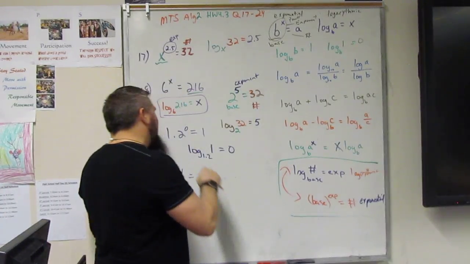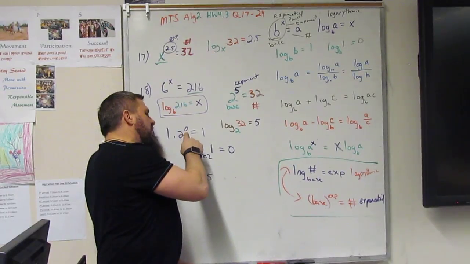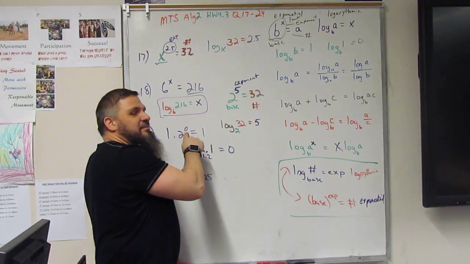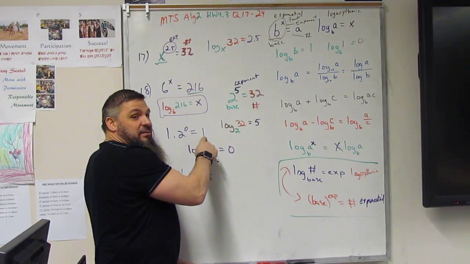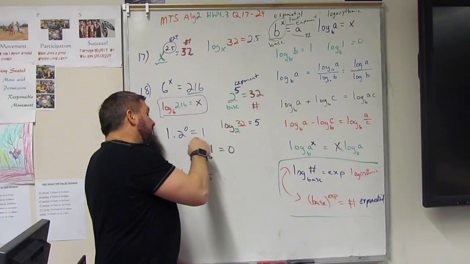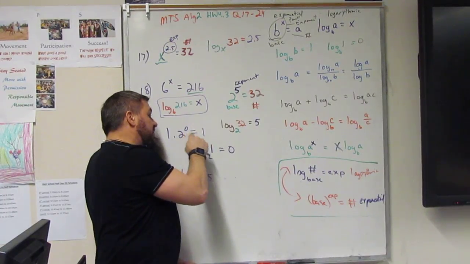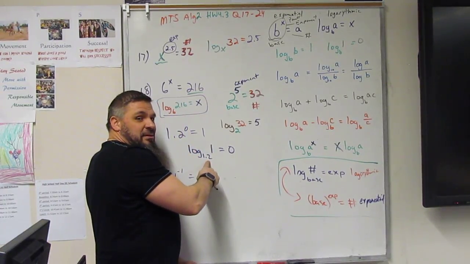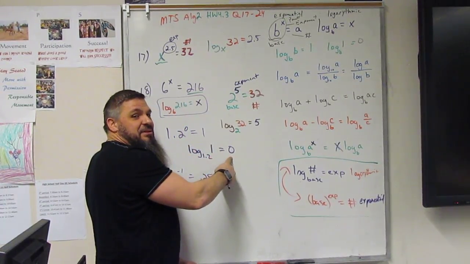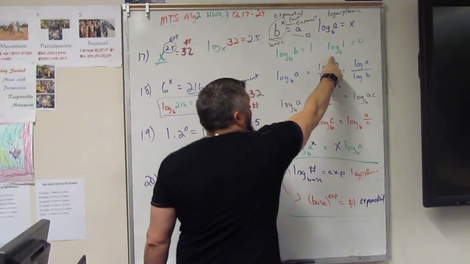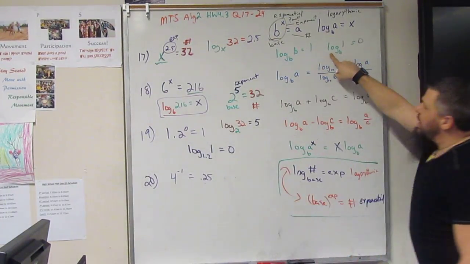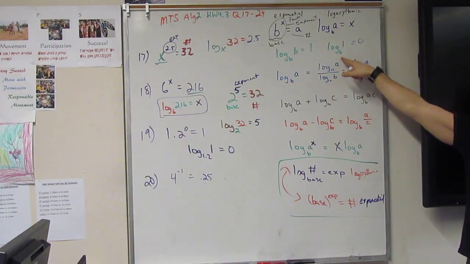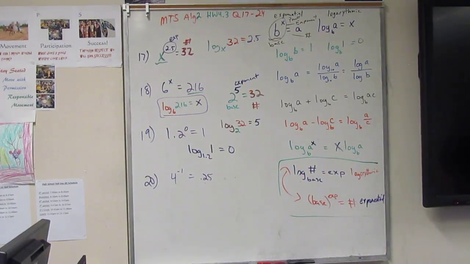Let me ask you something. Anything raised to the 0 power is what? Not 0. 1, right? So if anything raised to the 0 power is 1, that means the log of 1 with any base is going to be 0. This is saying that log to any base, the base could be 5, it could be 2.5, it could be 0.68, doesn't matter.